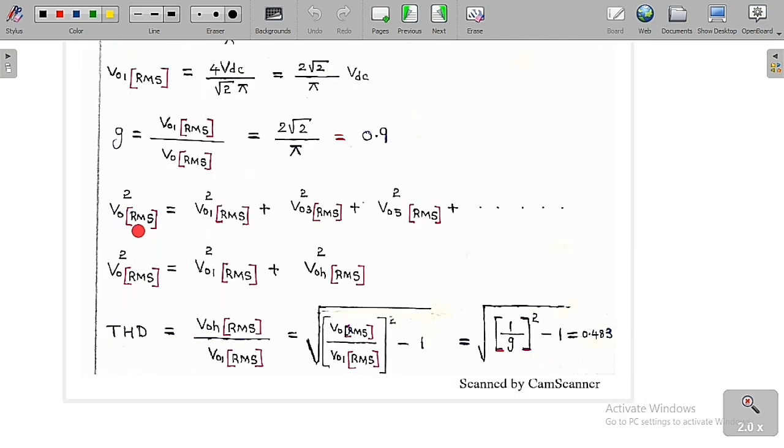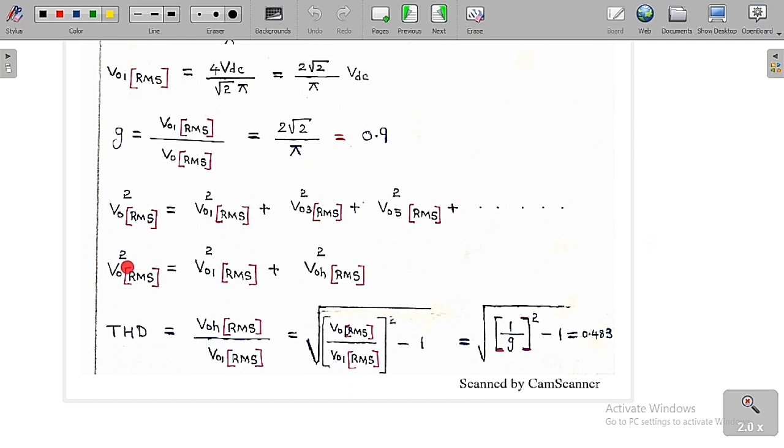Now I can find the RMS value by another method also, which is V0 RMS square equal to V01 RMS square plus V03 RMS square plus V05 RMS square, and so on up to infinity.